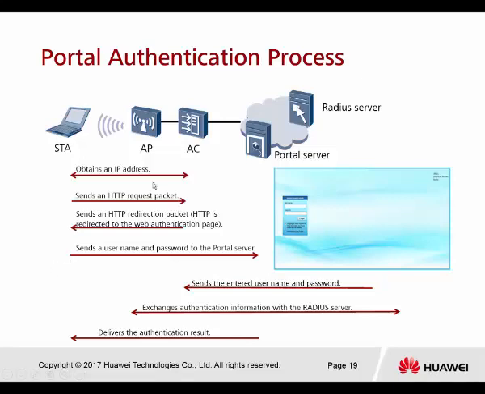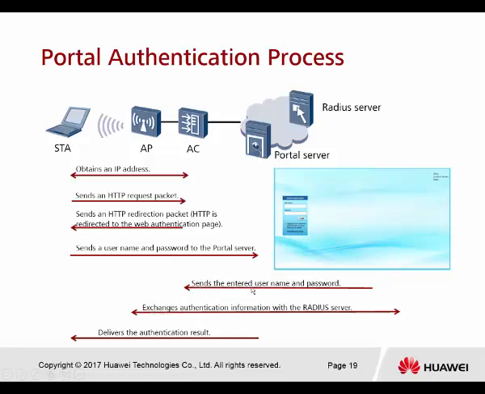So now the user can see the web page like this one from the browser. The user has to put in the username and the password, and press login and send. This information will be sent to the RADIUS server right here.